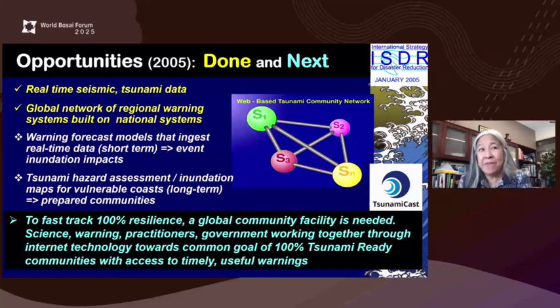So if we can fast track that resilience making, I think we could do well if we could figure out how to do a global facility, and that's really about scientists, warning practitioners, government working together, putting together the types of infrastructure that's needed, the types of experts that's needed, so that we can start to produce hazard maps.